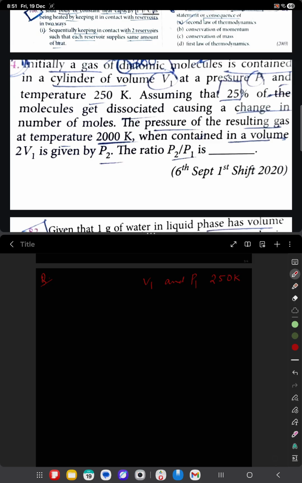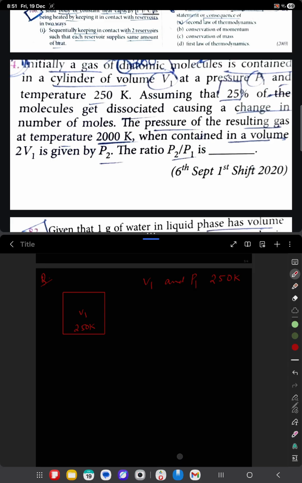Assuming that 25% of the molecules get dissociated, causing a change in the number of moles, the pressure of the resulting gas at temperature 2000 Kelvin when contained in a volume 2V1 is given by P2. Find the ratio of P2 by P1.